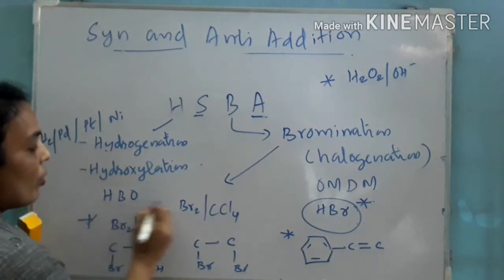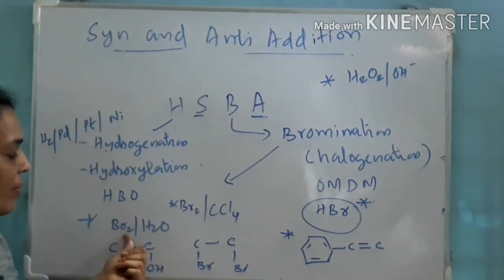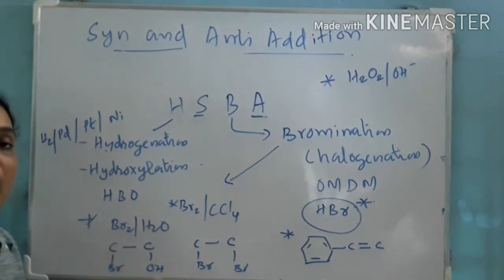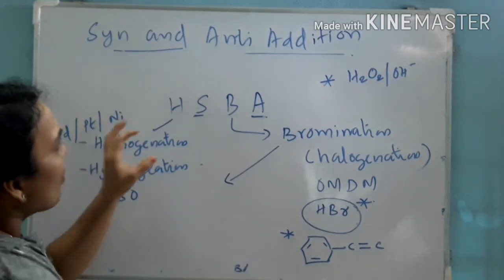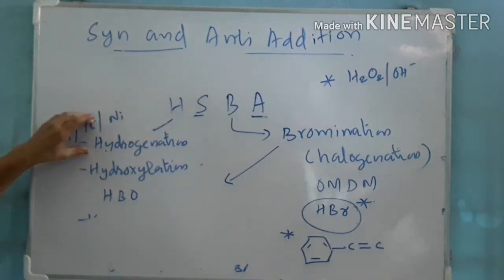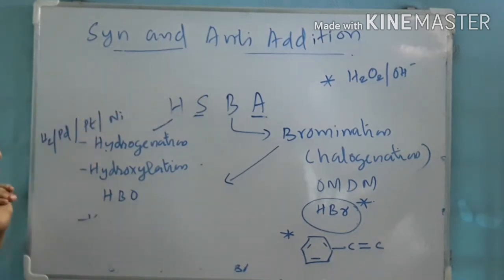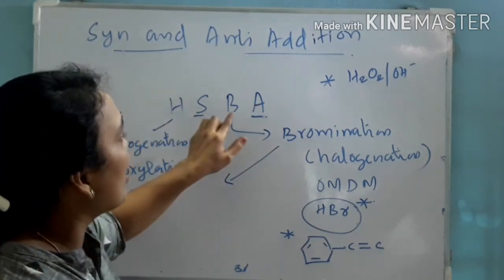That is also an important point. Bromine in CCl4, Br2 is added. Bromine in H2O, we have Br and OH. Got that point? Okay.